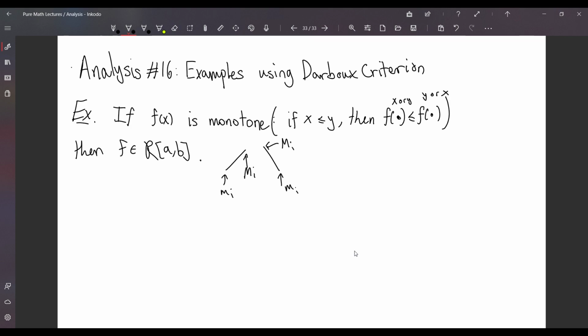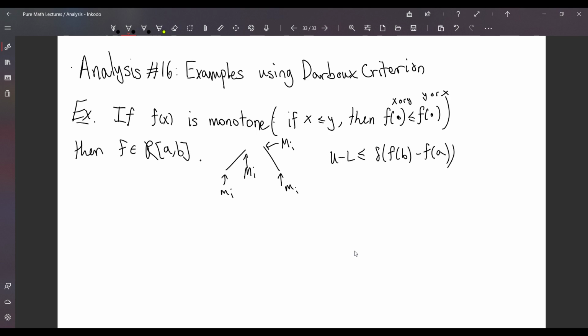And then you just have delta times a sum of f of M sub i minus f of little m sub i, which is going to be f at one endpoint minus f at the other endpoint. So you get a telescoping effect, and so you get that U minus L is going to be bounded by delta times f of b minus f of a.